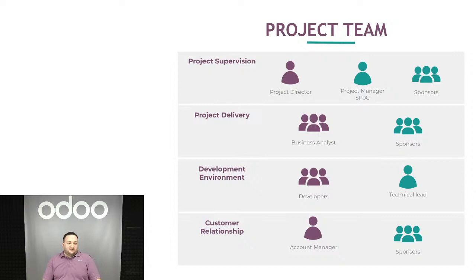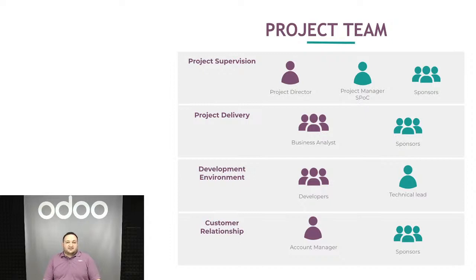So in another perspective, we can look at it from this side. Let's say purple is Odoo and the green is the client. So in terms of project supervision, we have the project director at Odoo. We have the project manager, SPOK, or sponsors, which are the managers, the CEO, CFO, and so on, at the client's end. In terms of project delivery, we have the business analyst on our end and the sponsors on the other end. In terms of development environment, we have the developers on our end.